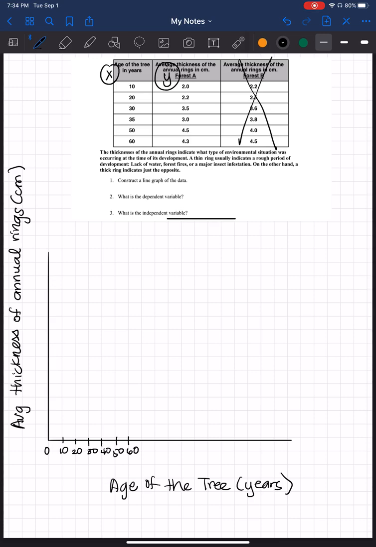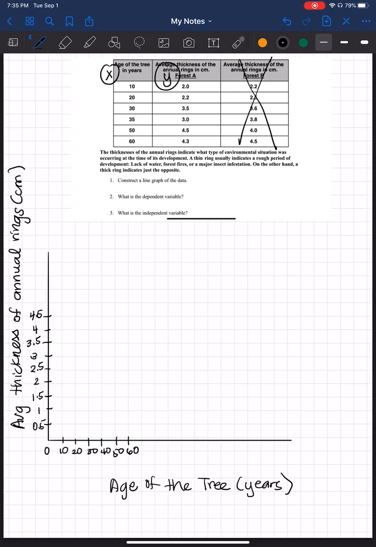And then this one, it looks like we have some decimals in there, so we got to account for those. So I think what I'm going to do is go by 0.5. Right? So 0.5, 1, 1.5, 2, 2.5, 3, 3.5, 4, and then 4.5.